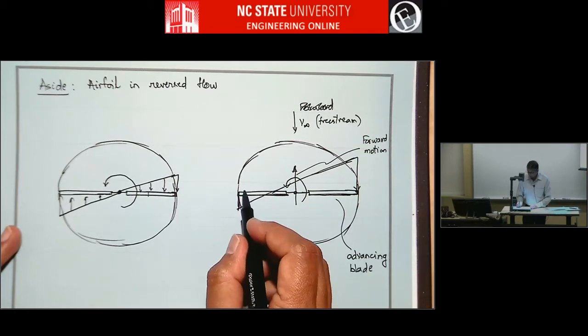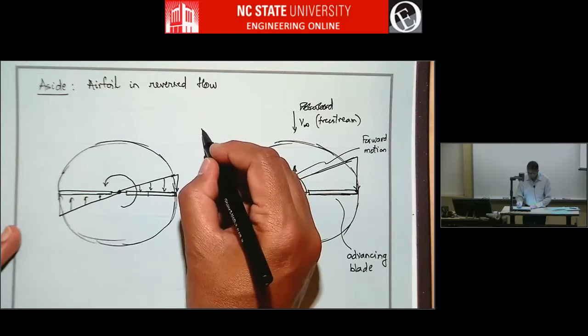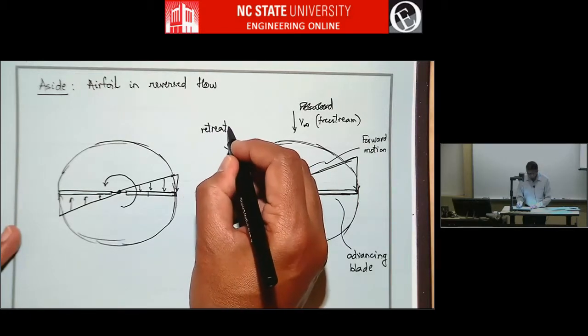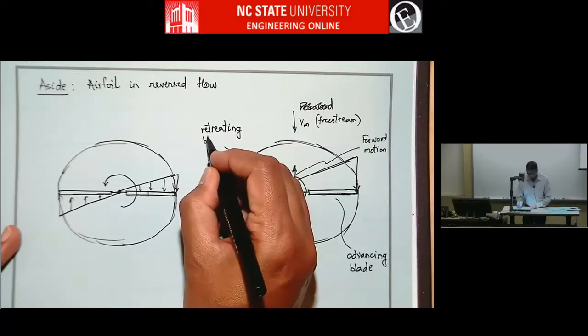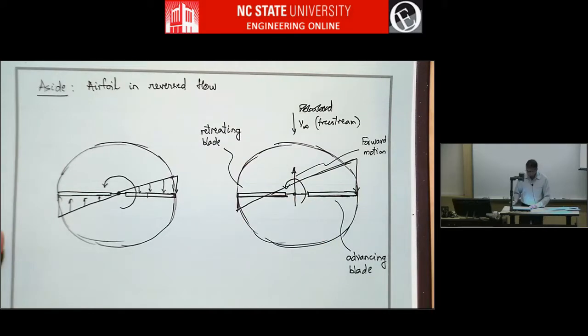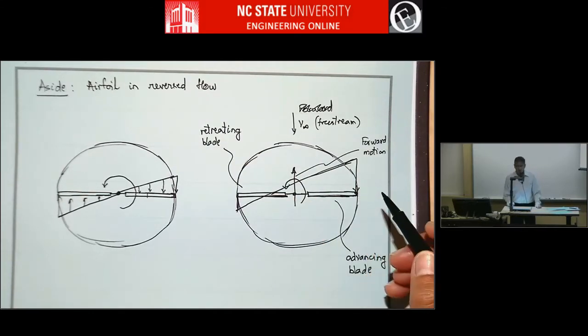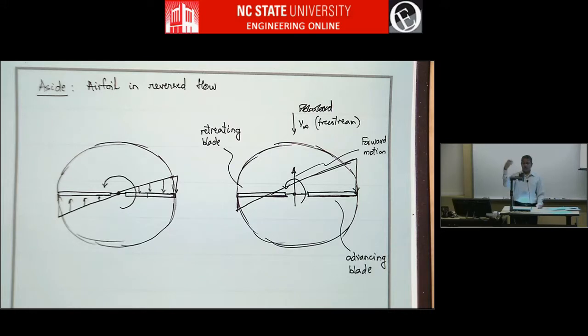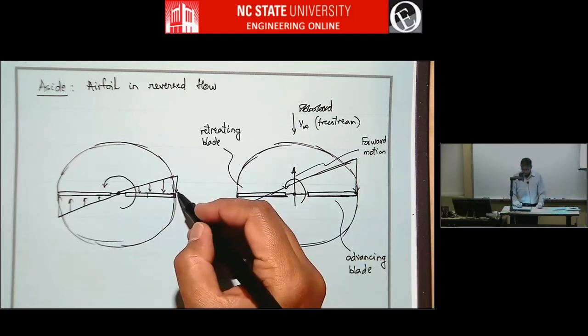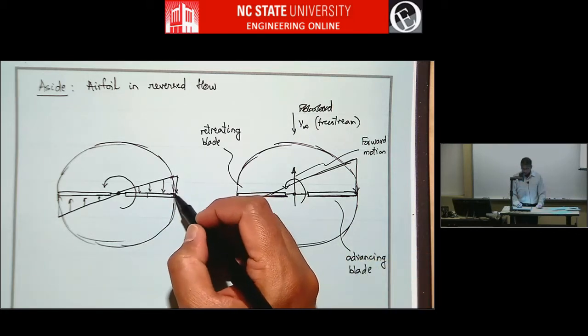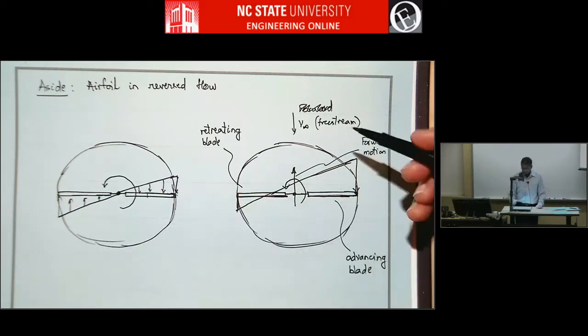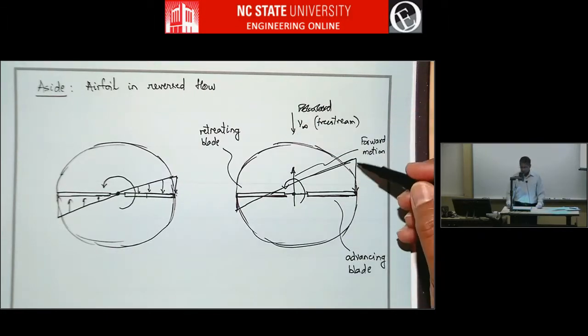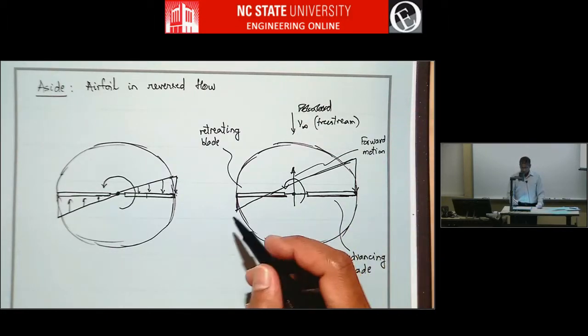And this is called the retreating blade. So this tip will get a much higher tangential velocity of the air coming towards it, because you add the rotational velocity contribution and the free stream, and that's what you get here.